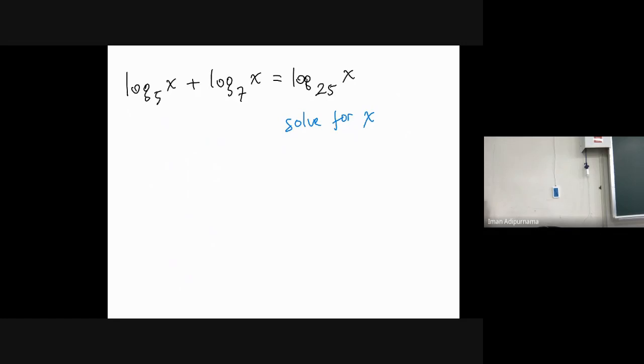How? Oh, yeah. Okay. This is 5 2. It should be y here. If you have log with a base and the base has a square, this actually becomes half.